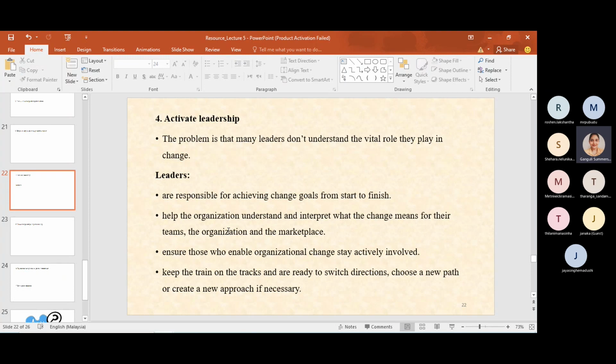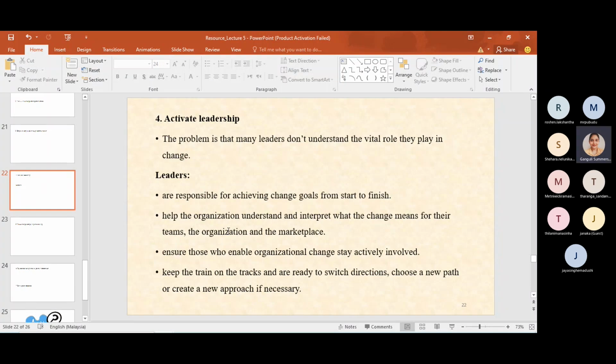You should be able to help the employees, or all the people working in the company, to understand what is actually happening in this change. Why do we need this change, and why do we need it at this particular time? Why didn't we wait for another few years to implement it? Why did we implement it now? What is the reason for that? And what are the advantages of the change? And what are the risks?